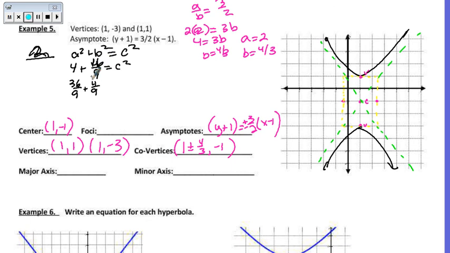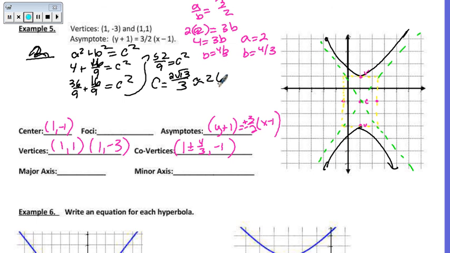So that's going to leave me with 52 over 9 is equal to c squared. And we get c to be, let's see, it's 4 times 13, so it's going to be 2 square roots of 13 over 3. And that actually turns out to be about 2.6.